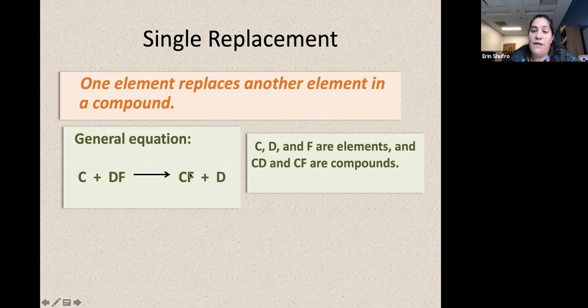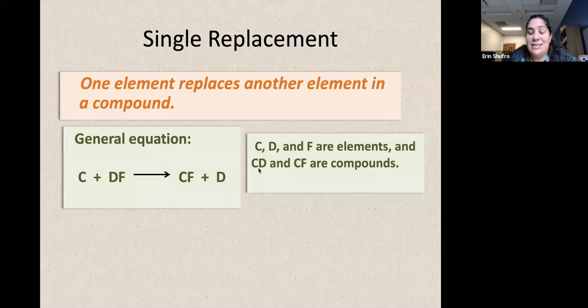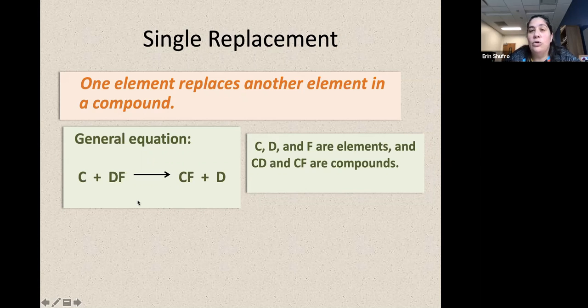Okay, where C, D, and F are elements, and CD and CF are compounds. Right, so C comes along, kicks D out of its spot, and steals it. Right. So this is a single replacement reaction. One element replaces another element in a compound.